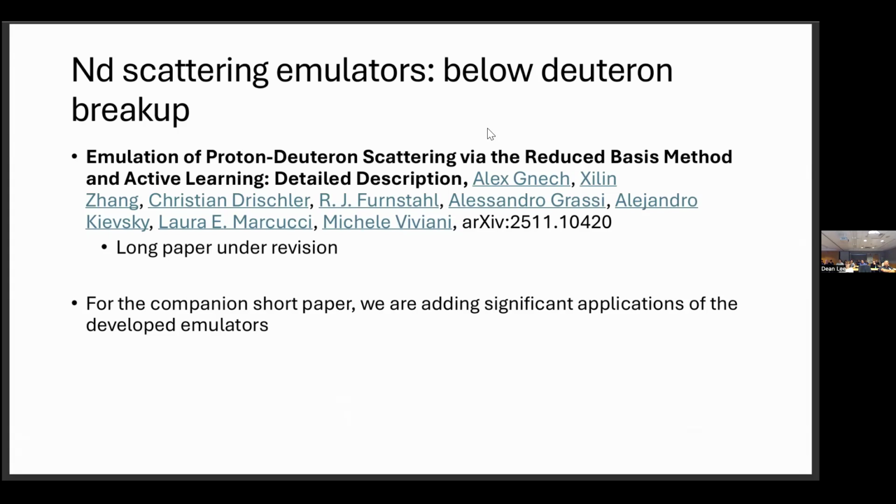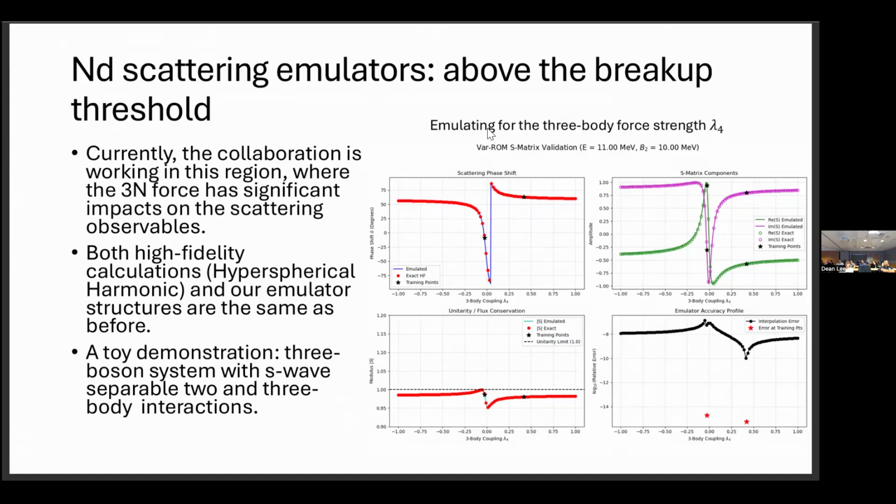This first pass is below deuteron breakup. That means very low energy, and it's not actually the energy regime we'd be most interested in for the application here, which might be to fit 3-body chiral EFT constants. So going above the breakup threshold is what is particularly interesting. This is just an update that things are happening there.